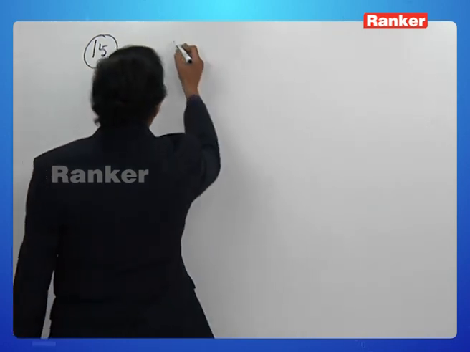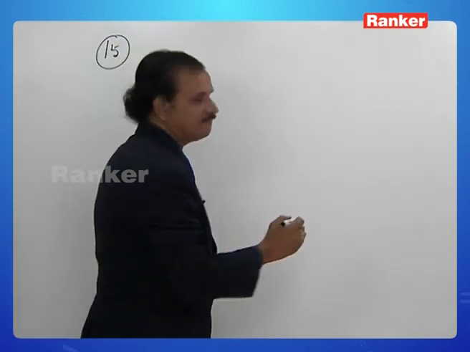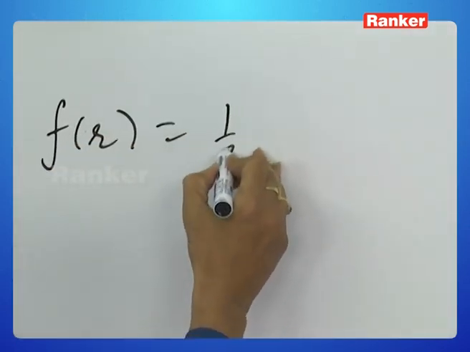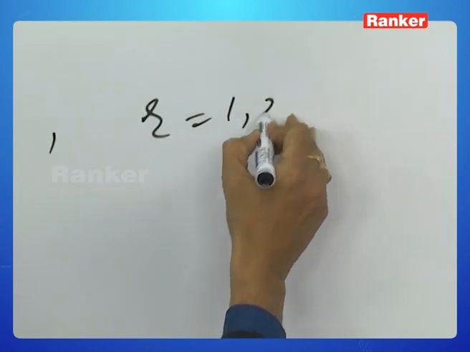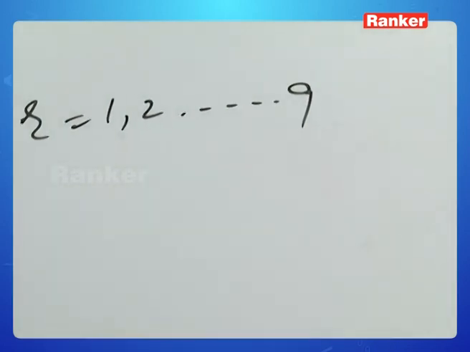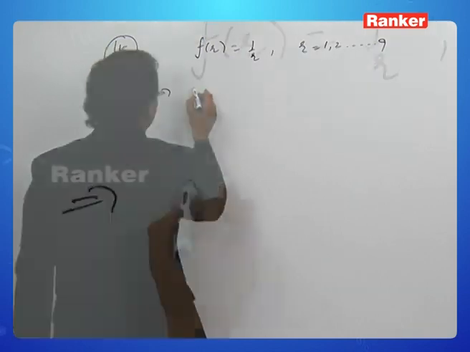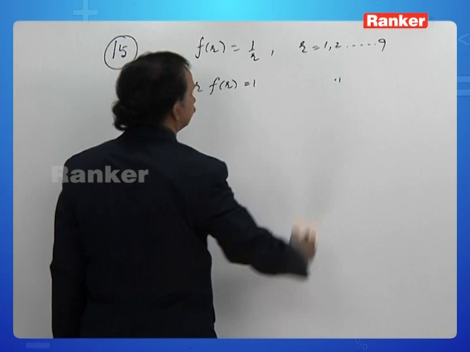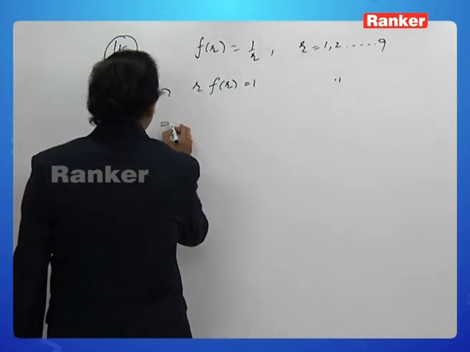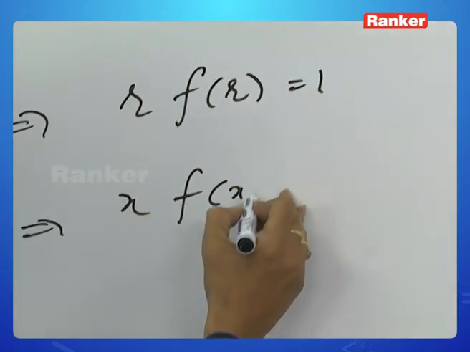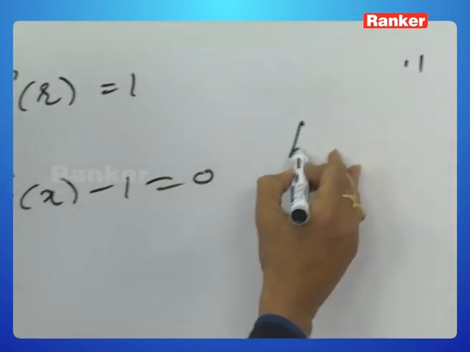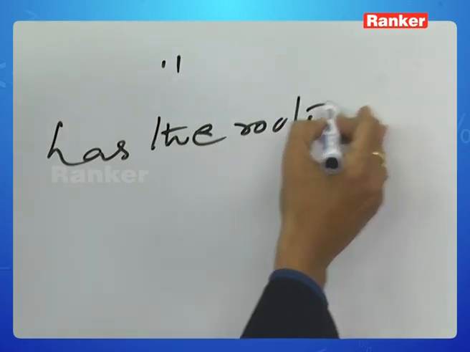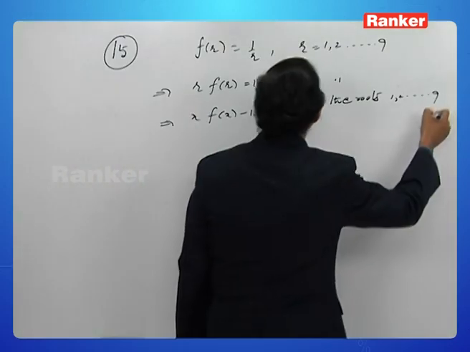What is the relation given? F of r is equal to 1 by r, for r equal to 1, 2, 3, etc. 9. This implies r into f of r is equal to 1. This implies x into f of x minus 1 is equal to 0 has the roots 1, 2, 3, etc. 9.